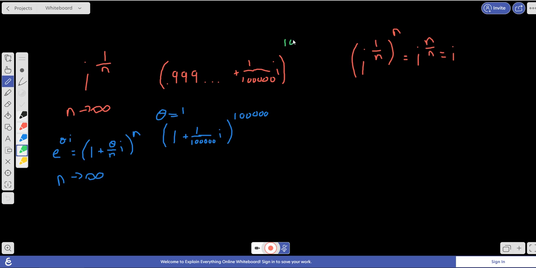So, if we were to do this and put 100,000 up here, you're going to get more or less the same answer for this that you do with this. Or rather, I shouldn't say the exact same answer. It's going to be slightly different, but it's all going to be on the unit circle. And you can sort of see how this would rotate around the unit circle pretty easily, I hope, because any power of i is just going to rotate around the unit circle when you raise that to a power.